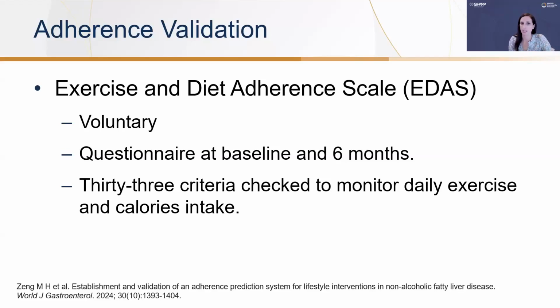It does say that there are 33 criteria checked to monitor daily exercise and calorie intake. So I do need to investigate how long this would take for patients to fill out before and after. I think there also could be a little bit of bias as far as what patients will admit that they're doing.